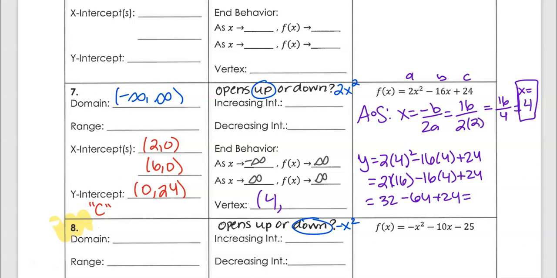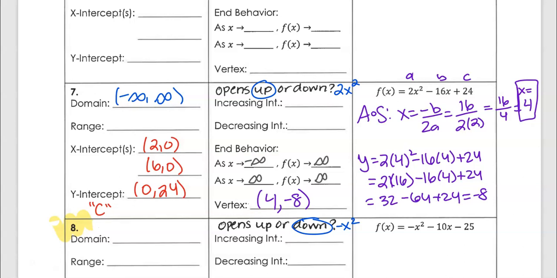Mohammed, can you check? You're good at this. 32 minus 64, which is negative 32 plus 24. I think it's negative 8. Yeah, okay. There we go. I'm double checking this. Yes? Okay, good. The mind's a scary place. Thank you for checking.